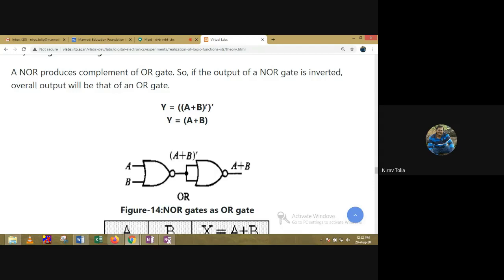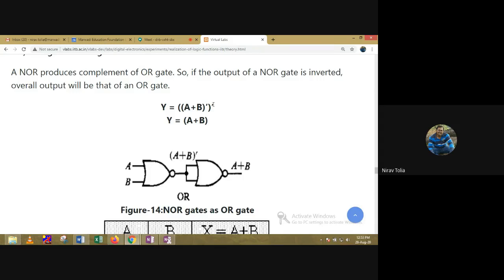So the equation becomes A plus B whole bar whole bar, so A plus B double bar. The bar cancels out, you can say the NOT cancels out. So finally we have A plus B.